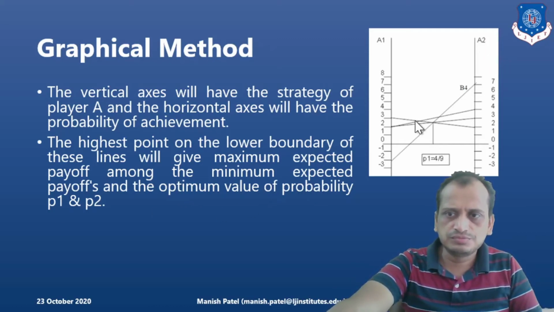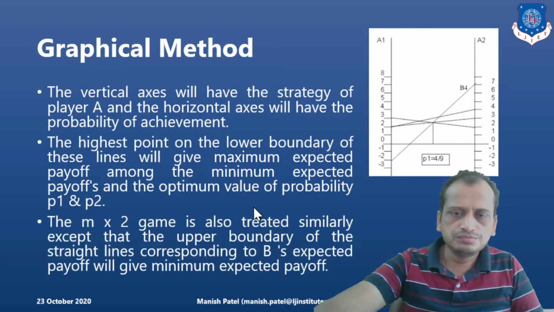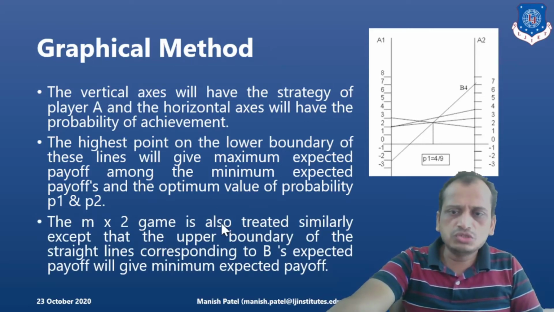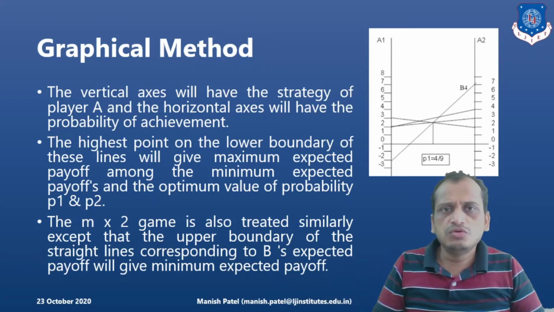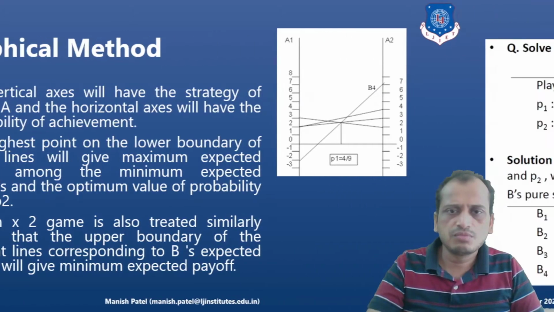That is this. For m cross 2, the same method will apply, except the upper boundary of the straight lines corresponding to B's expected payoff will have the minimum expected payoff. We will look into the example to understand the concept here.